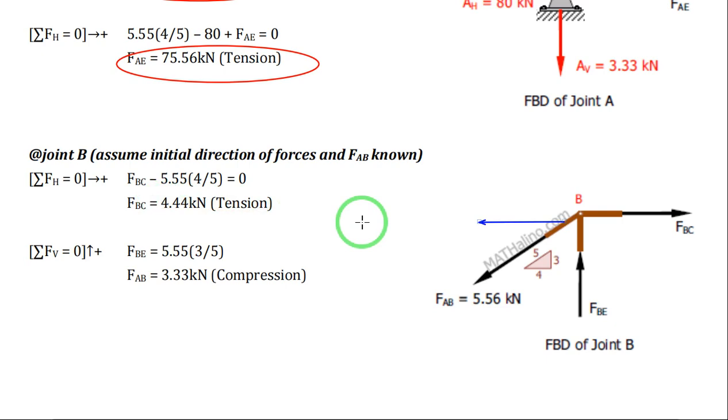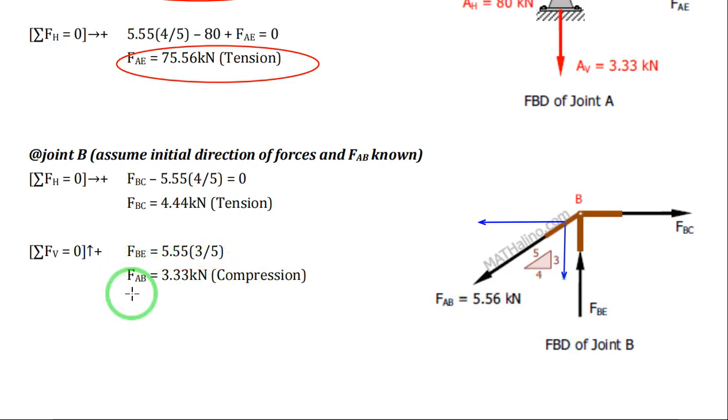Okay. And then applying summation of forces along the vertical equals 0. So you have two forces. You have the vertical component of FAB and the FBE. So you have FBE minus 5.55 sine of theta, 3 over 5.